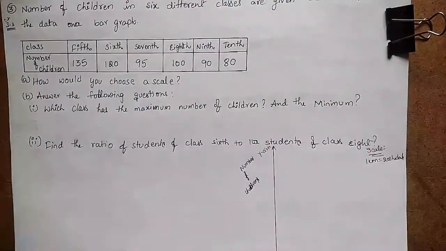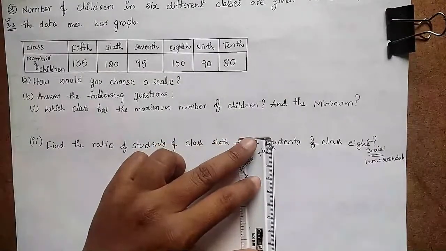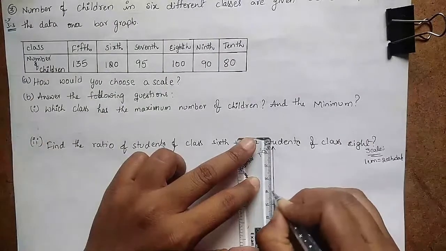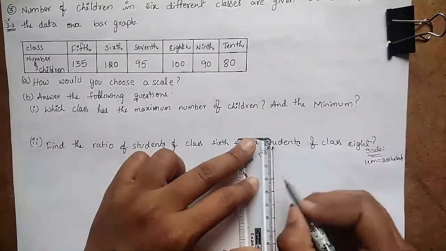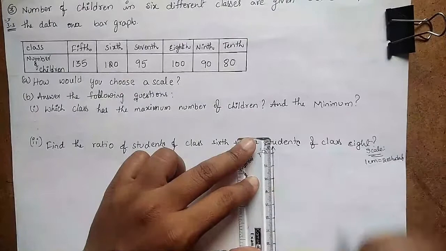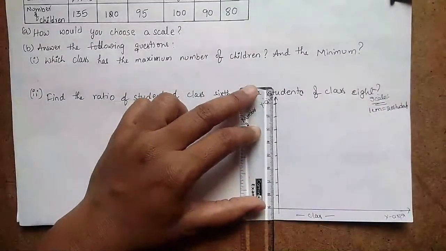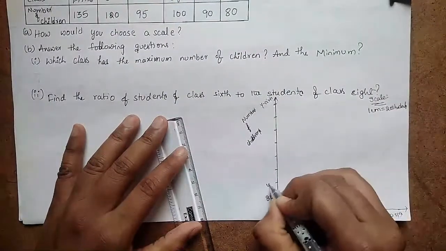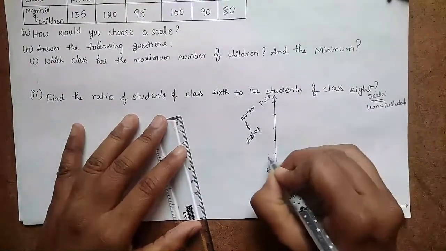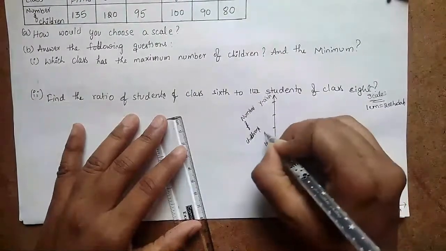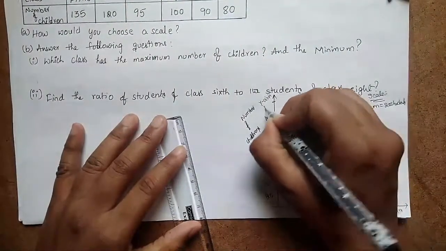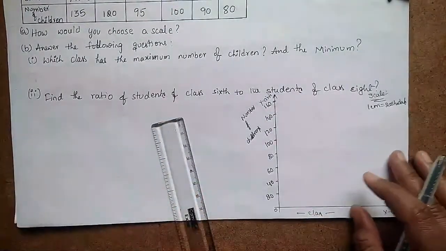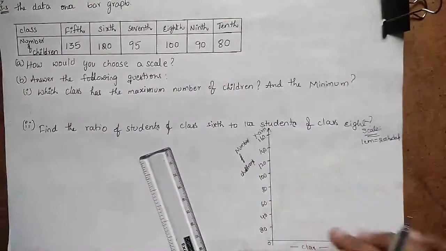Mark each centimeter as 20, like this: 20, 40, 60, 80, 100, 120, 140, 160. Here it is 0. Now represent the given data through the bar graph.